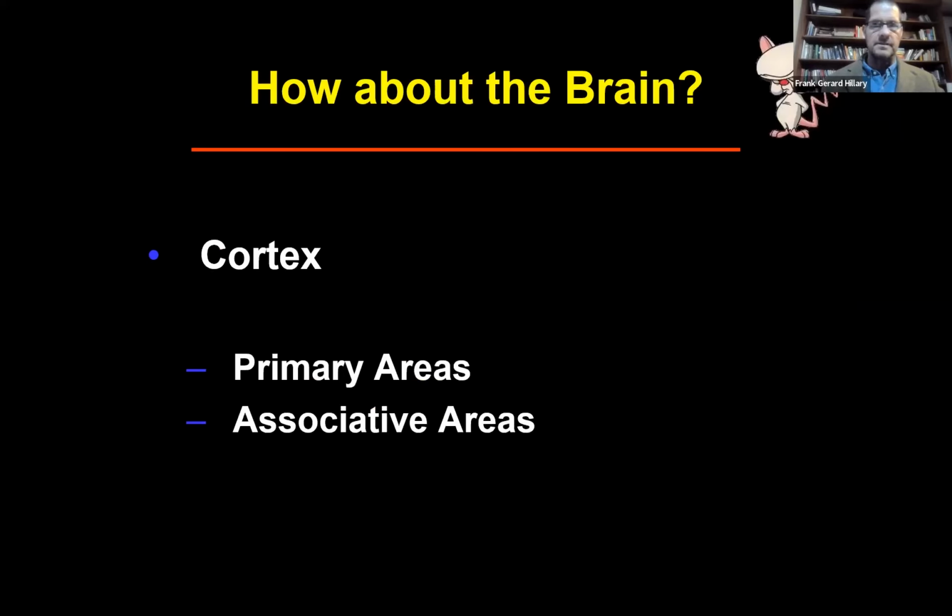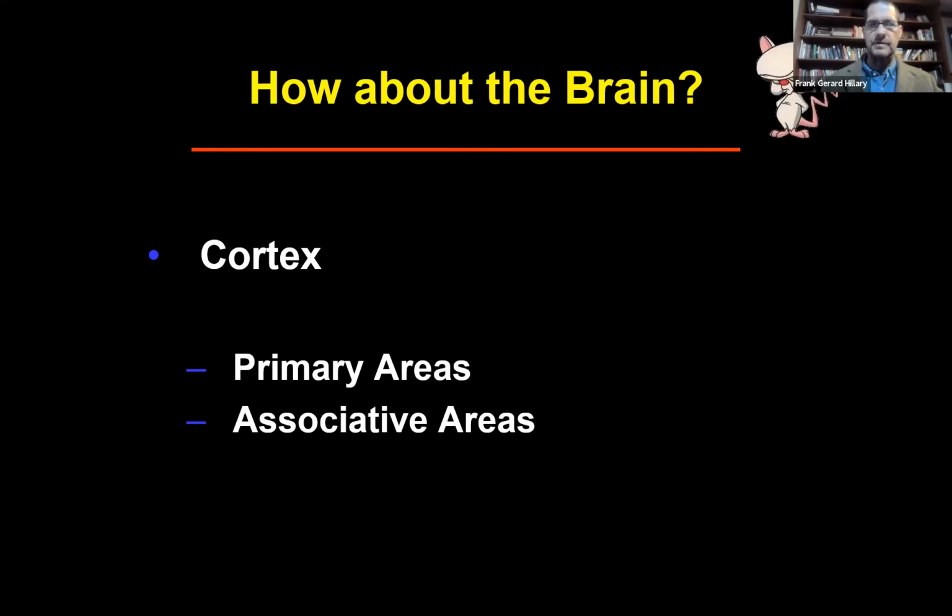The cortex is a nice heuristic for how it's organized. It has primary areas and associative areas. The primary areas are focused on very hardwired, preordained functionality that has less individual difference. So the visual cortex, the motor cortex, auditory cortex, you can find them all in roughly the same places in everybody's brain.